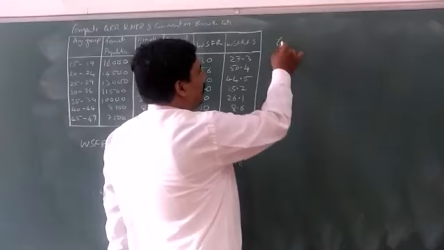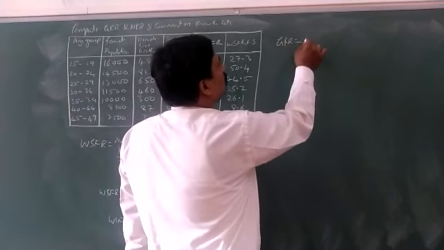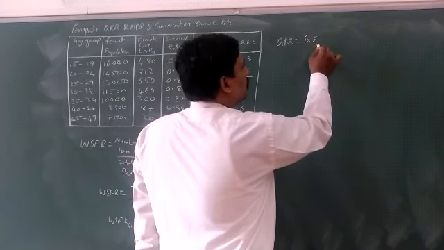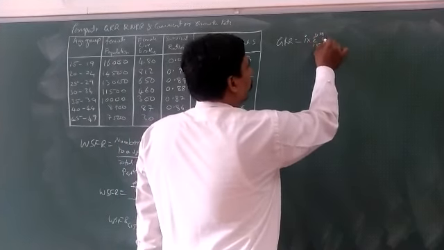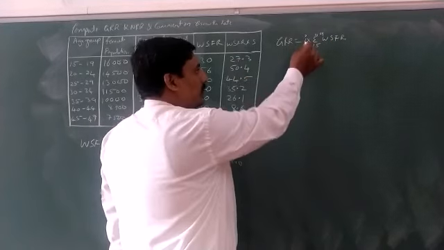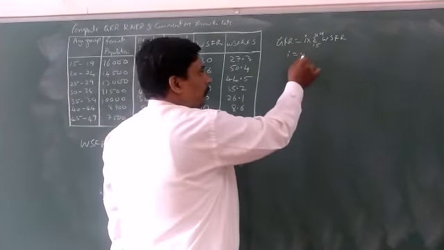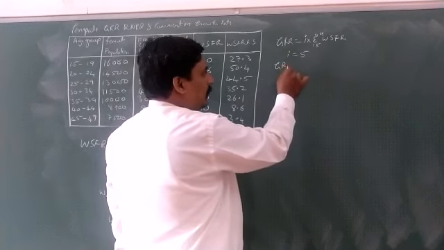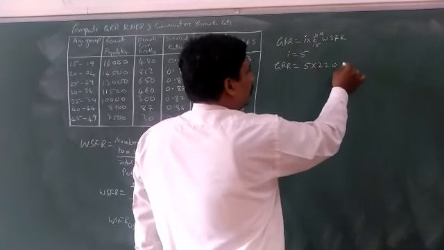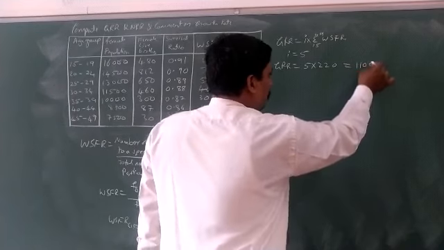So the formula to calculate GRR is equal to i into summation of WSFR from 15 to 49. So i is here 5. So GRR is equal to 5 into 220, that is equal to 1100.